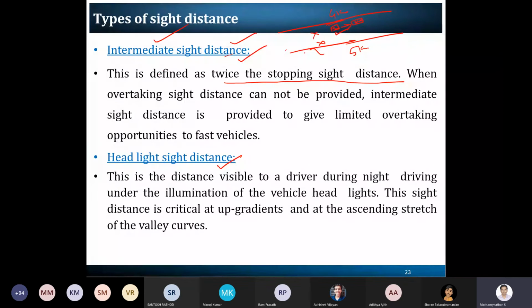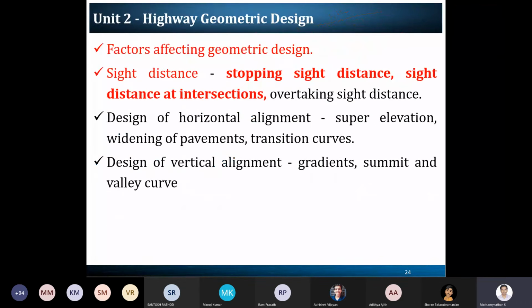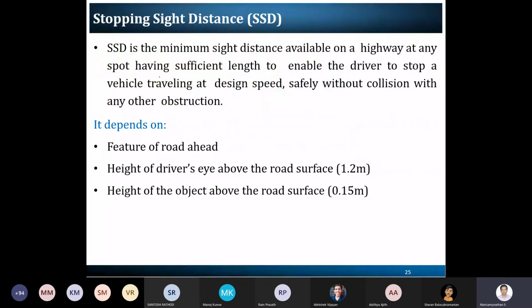So the remaining three sight distances are interconnected with the overtaking and the safe sight distance. So this is a brief introduction about sight distance. Now the first component, stopping sight distance. As I have explained very briefly, the stopping sight distance is nothing but the minimum sight distance which is available on the road at any point.